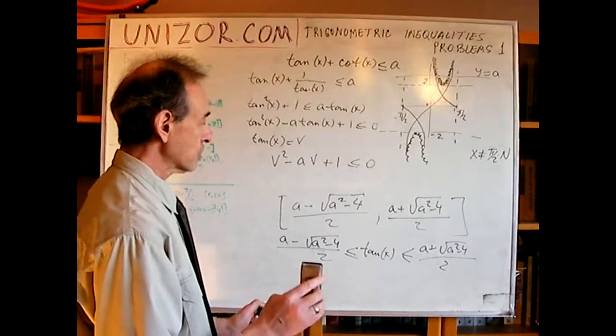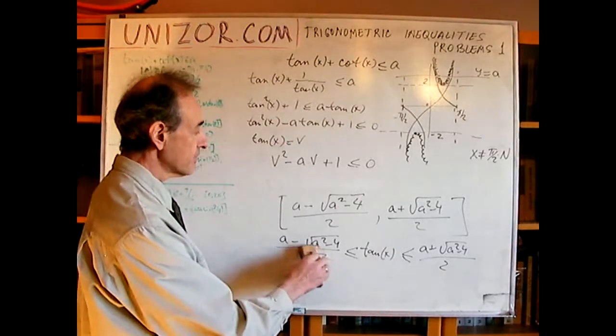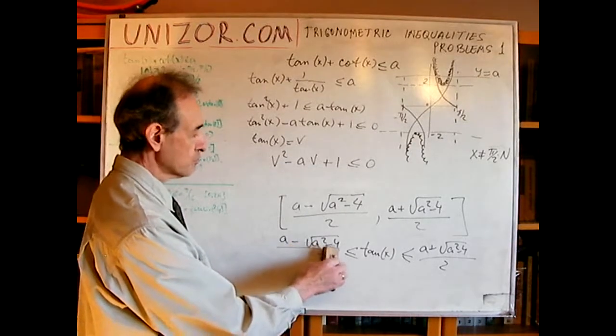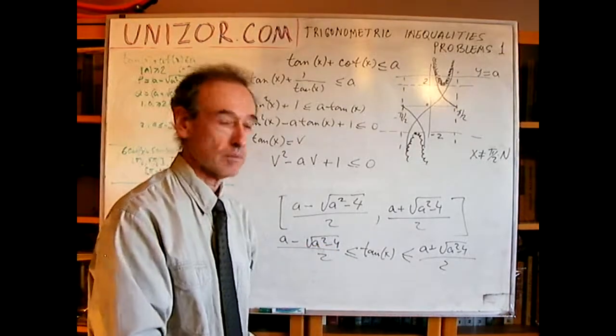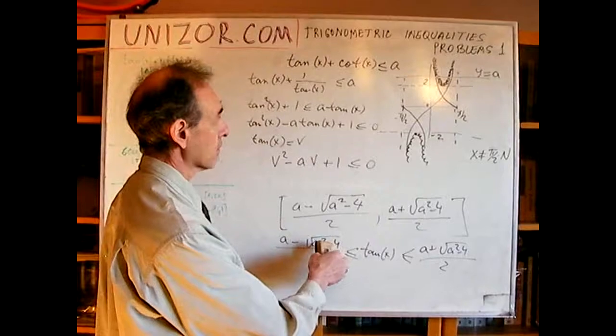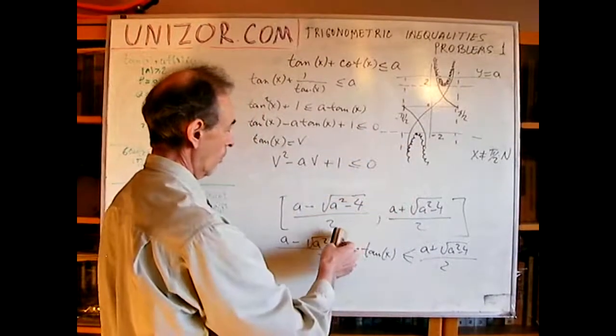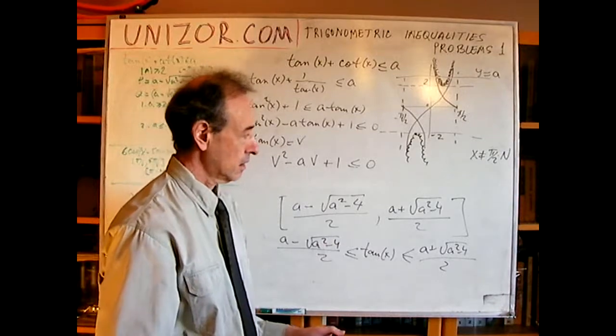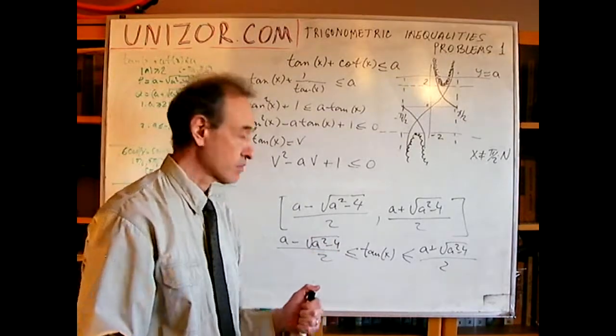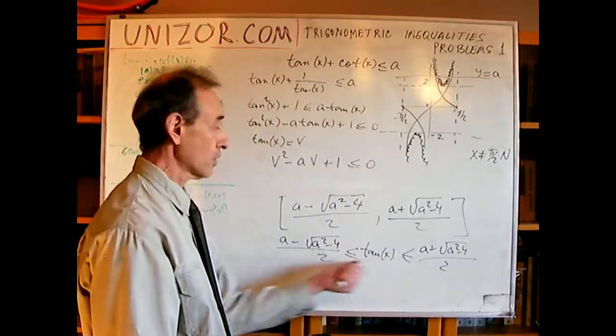What I would like to add, it's very clearly visible here that a should be at least 2 by modulus. It should be either greater than 2 or less than minus 2, because otherwise my expression under the square root would be negative and there would be no solutions.